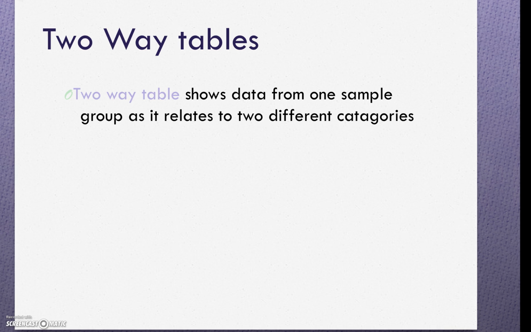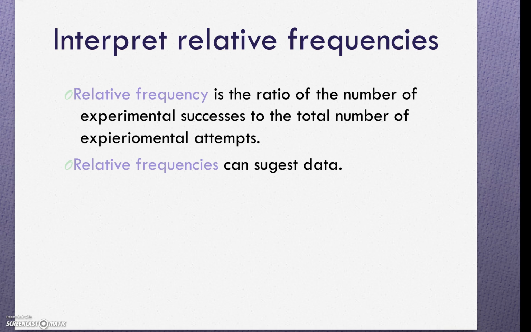Two-way tables show the data from one sample group as it relates to two different categories. In a two-way table, you have to interpret relative frequencies, and a relative frequency is the ratio of the number of experimental successes to the total number of experimental attempts.